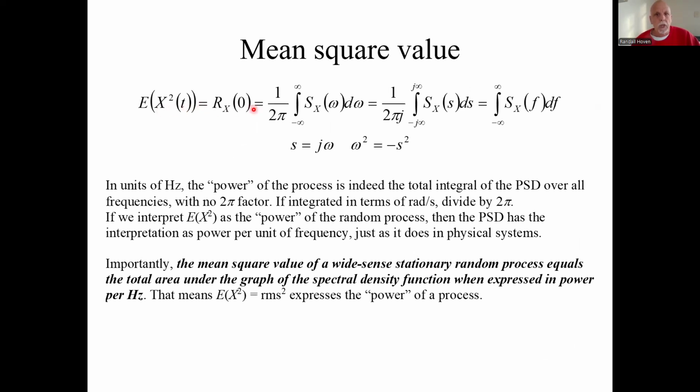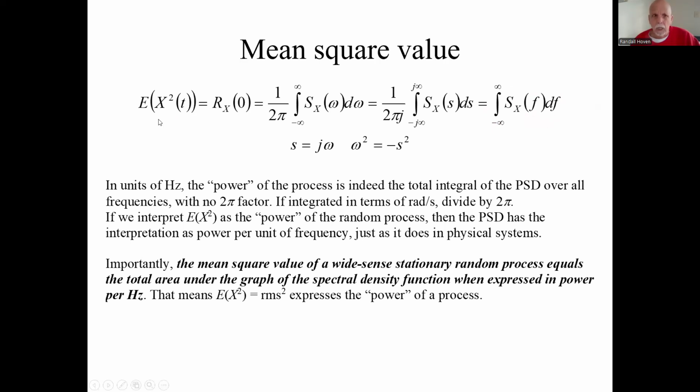So for the mean square value, there are three different ways we could express the integral. Here in terms of radians per second, omega. Here in terms of frequency in hertz, where you don't have to divide by 2 pi, which means that the mean square value is the total area under the power spectral density curve.